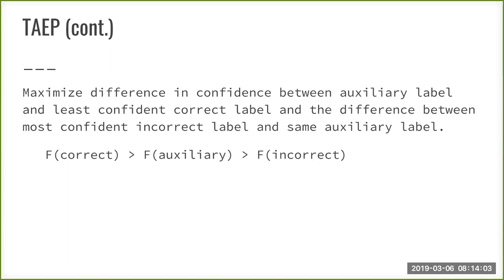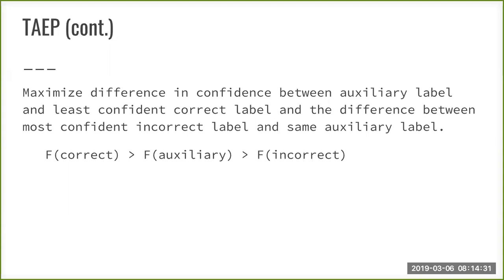They would use that as a minimum value. They would try to have a certain margin between this and the auxiliary class, and then they will also pick the class from the incorrect labels that has the highest probability, and they would also try to make that smaller confidence than this auxiliary class.